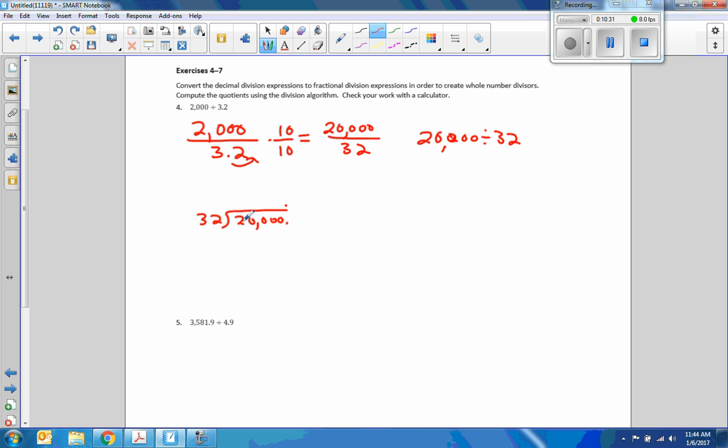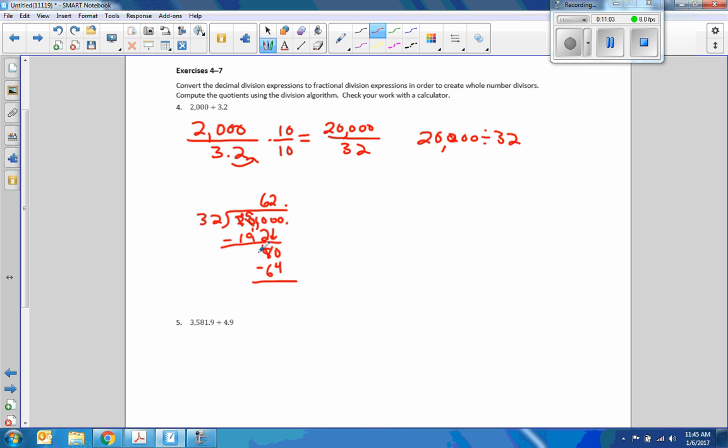Okay, 32 won't go into 2, 32 will not go into 20, 32 will go into 200 6 times. 6 times 2 is 12. Remember to carry that 1. 6 times 3 is 18, plus 1 is 19. Subtract. Okay. Borrow. 10 minus 2 is 8. Bring down my next 0. 32 will go into 80 2 times. 2 times 2 is 4. 2 times 3 is 6.